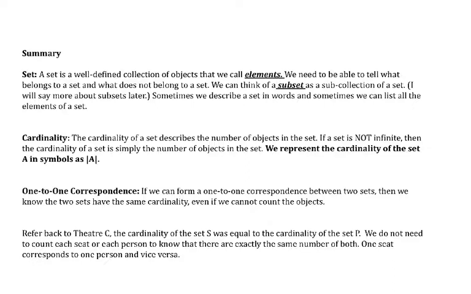So a little summary here. We are going to talk more about sets, but you can just think of a set as a well-defined collection of objects. Basically, a set is defined by its objects, by its elements, what is in it.